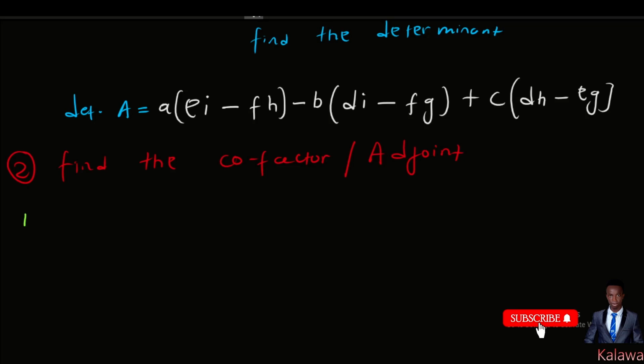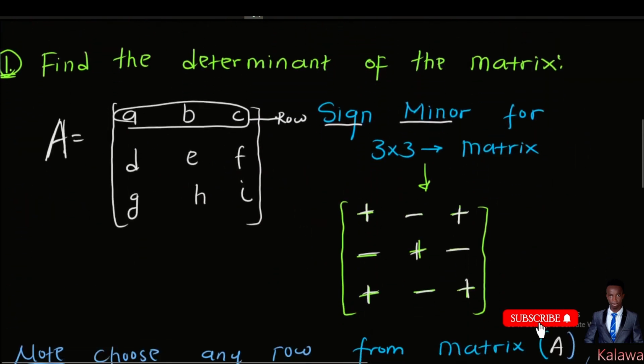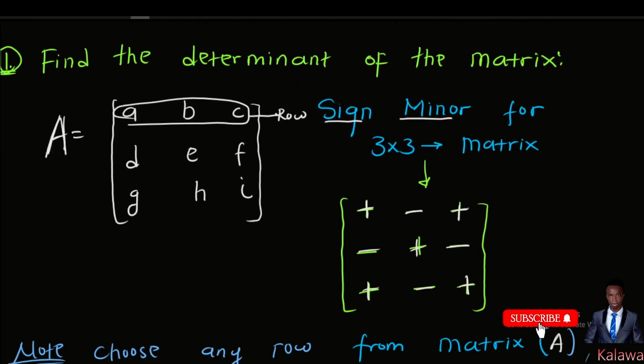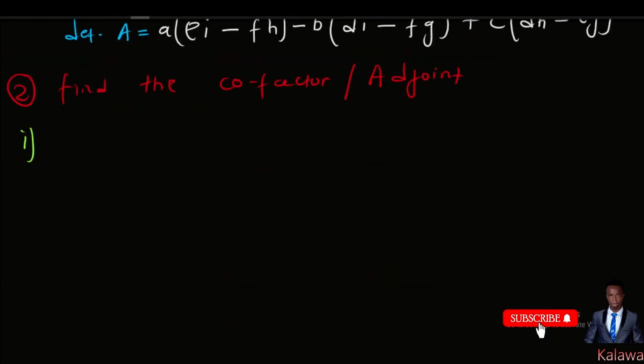The first step is we must derive the minor of each element. And how many elements do we have? Here we have 9 elements. So we derive the minor of each element.